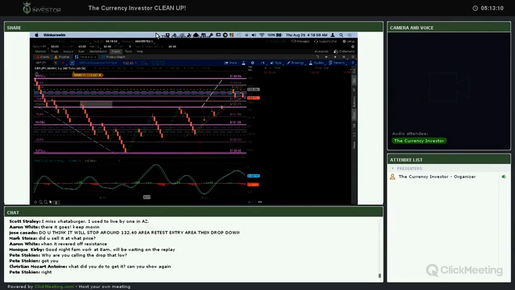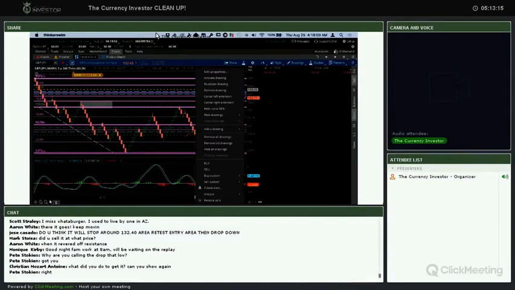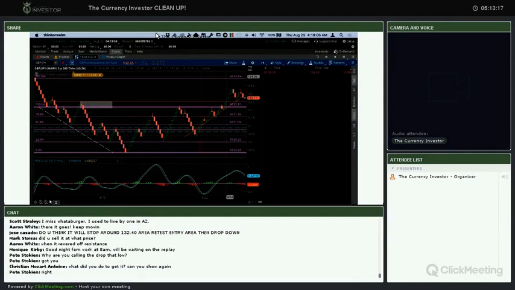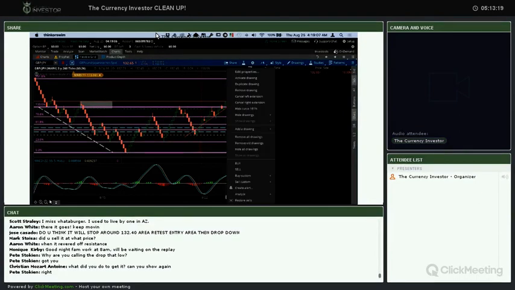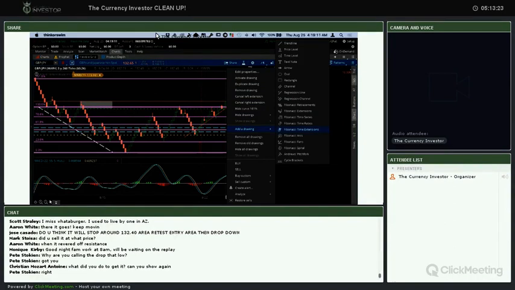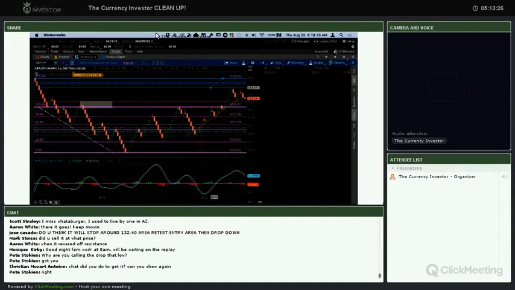Even if you flip this at 38.2, if we flip it the other way, it's at 61.8. Let's do that. There you go.